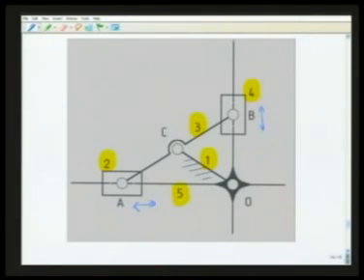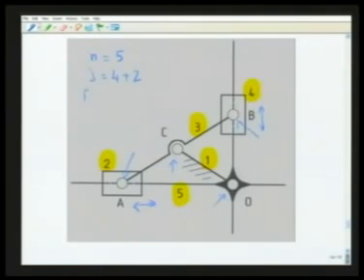So thus we have n equal to 5. We have 4 revolute pairs, namely here, here, here and here. So J is 4 revolute pairs plus 2 prismatic pairs.